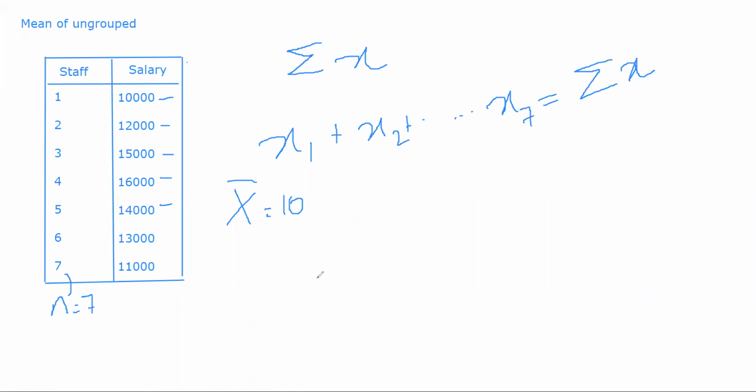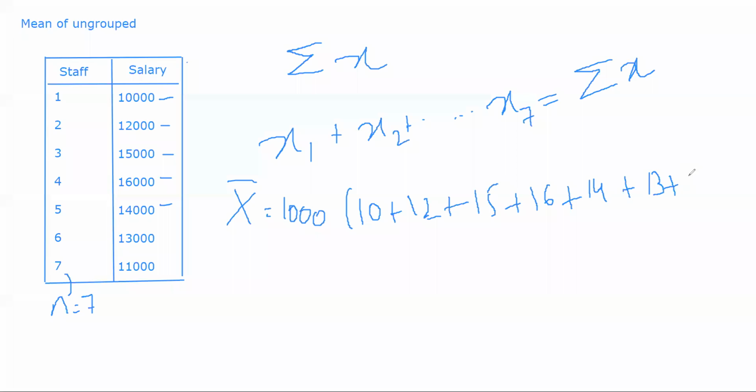Okay, I take the 1000 out for now, times 10 plus 12 plus 15 plus 16 plus 14 plus 13 plus 11, divided by 7. Okay, correct? Is it understandable so far? I'm basically adding all the observations together and dividing them by the number of observations. Okay, so what will I get?